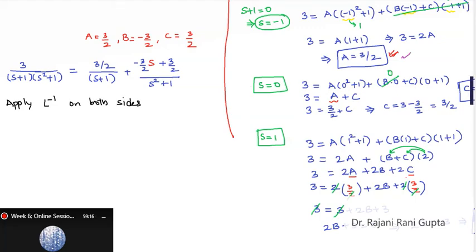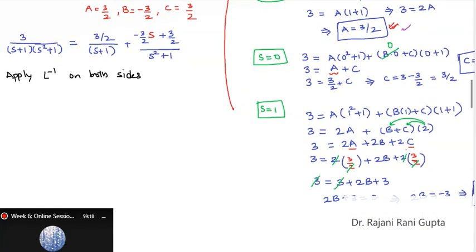So what we will get? We will get Laplace inverse of 3 over s plus 1 times s square plus 1. It's the same as finding the Laplace inverse of the first term. So 3 by 2 is a constant, take it outside.